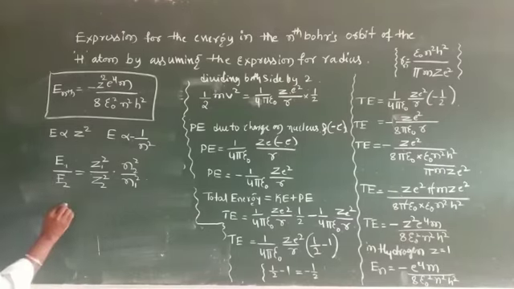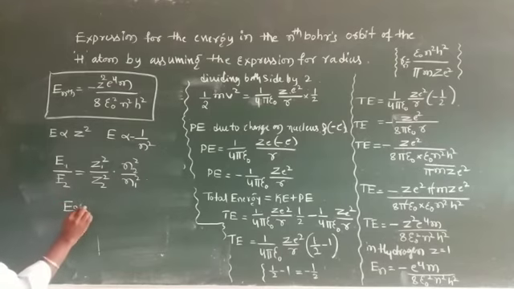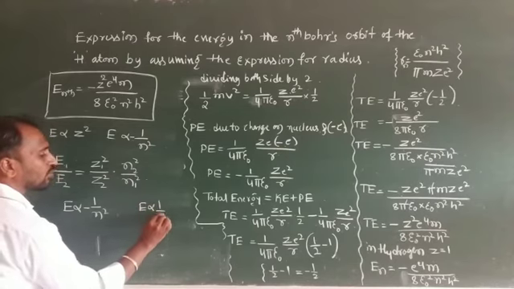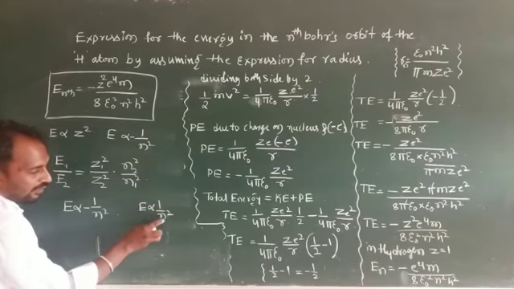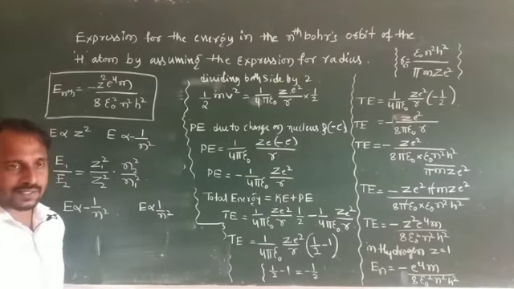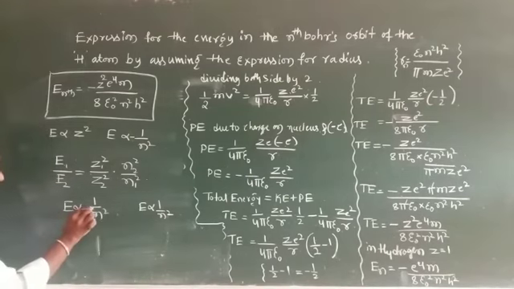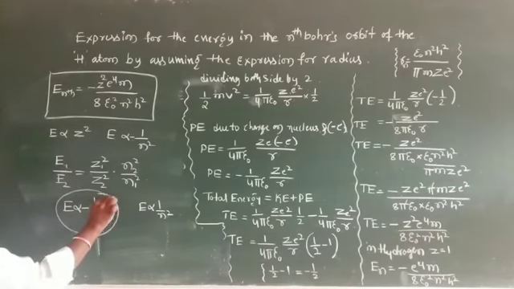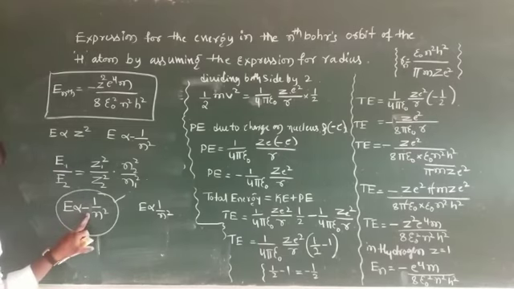Next, this energy is directly proportional to minus 1 by n square. Energy is proportional to 1 by n square, which means whenever the number of the orbit increases, the energy value decreases. But here we consider the negative sign, so this value increases because of the presence of the negative sign.